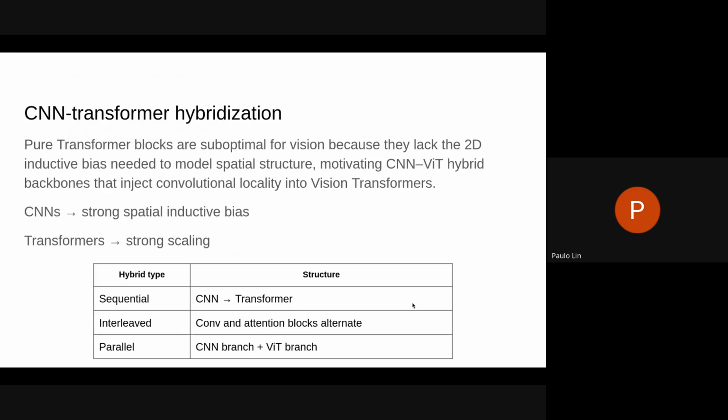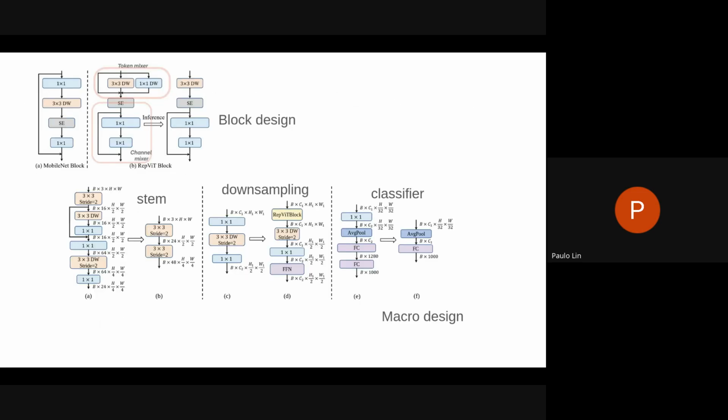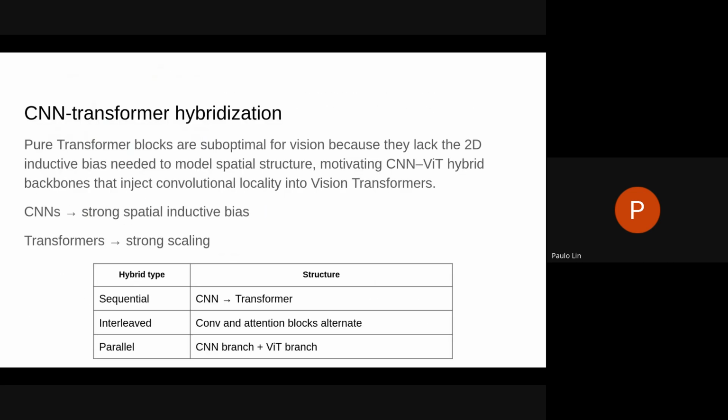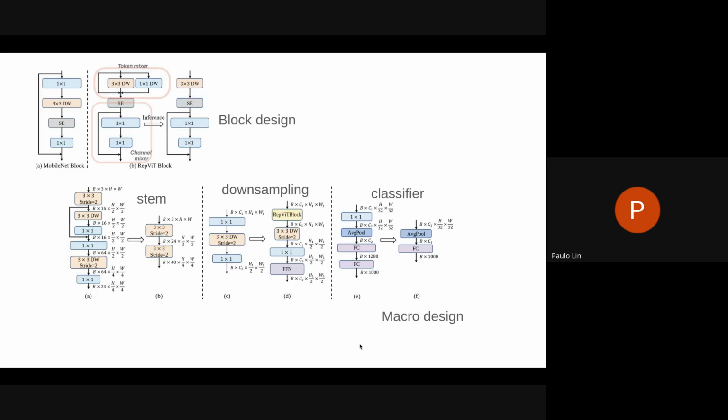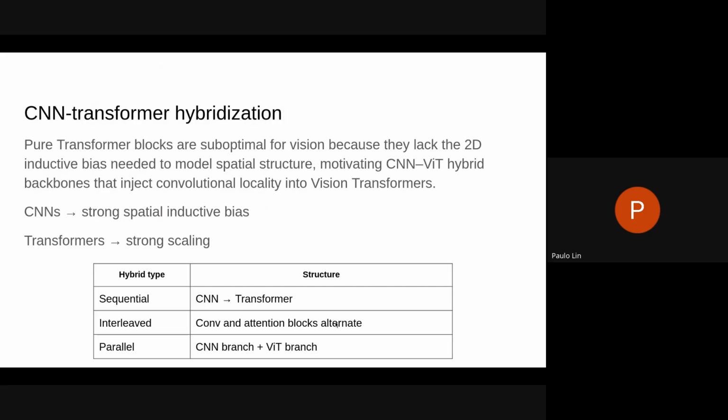So this is what I was talking about in the previous works: there is a trend to combine convolutional neural networks with transformer architectures. This is because convolutional neural networks have a strong spatial inductive bias, and transformers have strong scaling. There are three types of combining these two architectures.